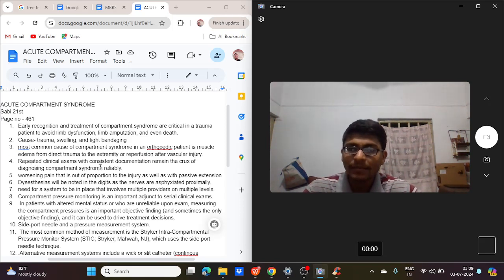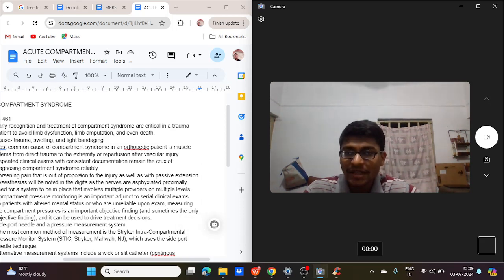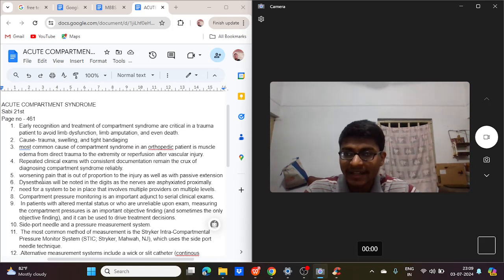Repeated clinical exam with consistent documentation is the crux for reliably diagnosing acute compartment syndrome. Worsening pain with passive extension is the commonest finding.